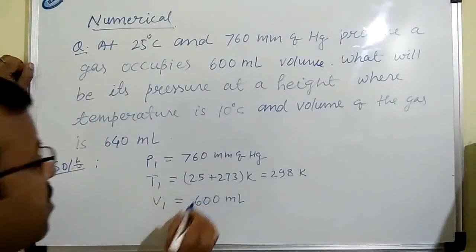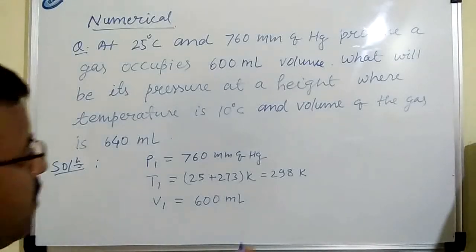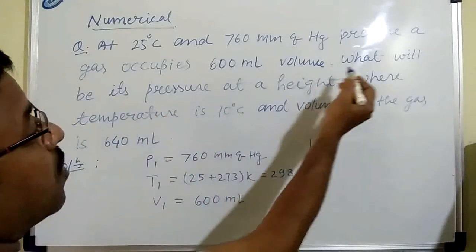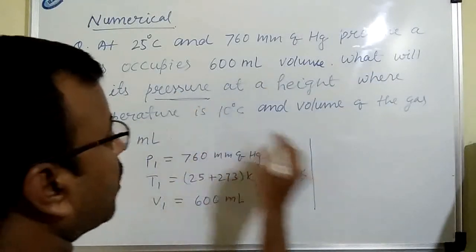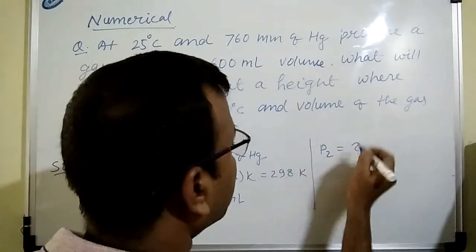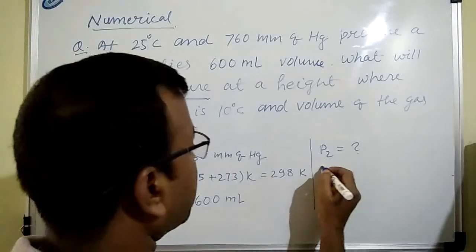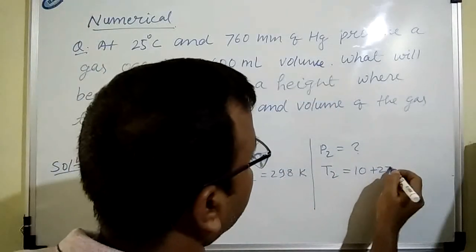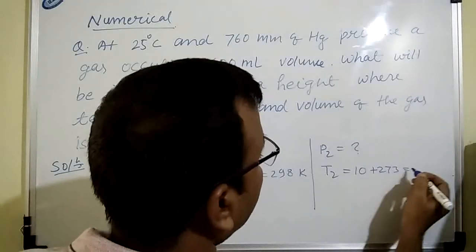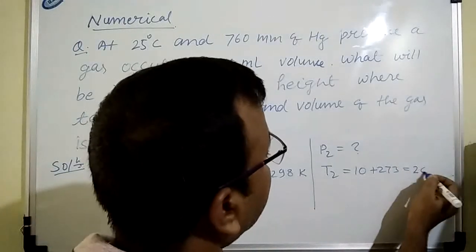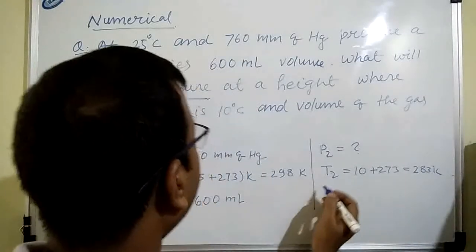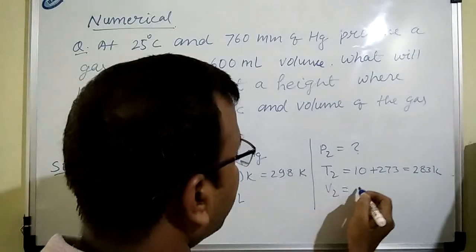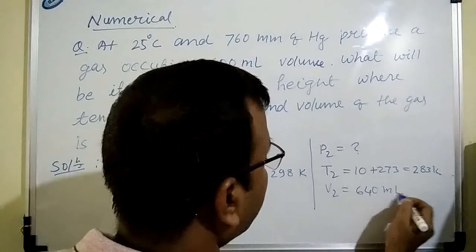So we have only changed temperature from degree Celsius to Kelvin. And P2 is not given; pressure you have to calculate. It means the new pressure P2 is unknown, and temperature T2, 10 degrees Celsius, means 10 plus 273, that will be 283 Kelvin, and volume V2 is equal to 640 ml.